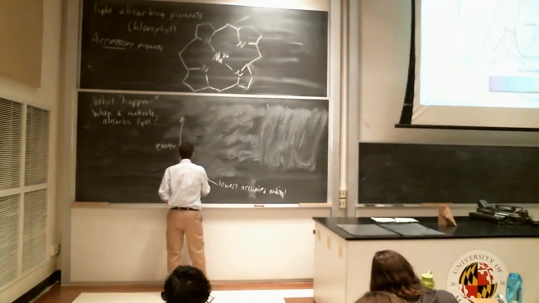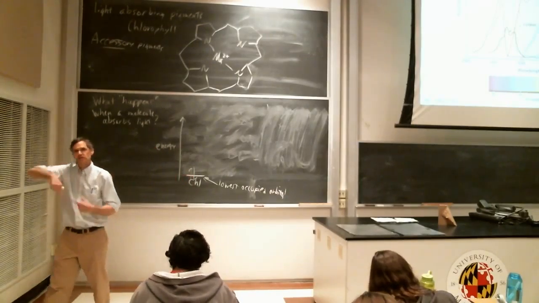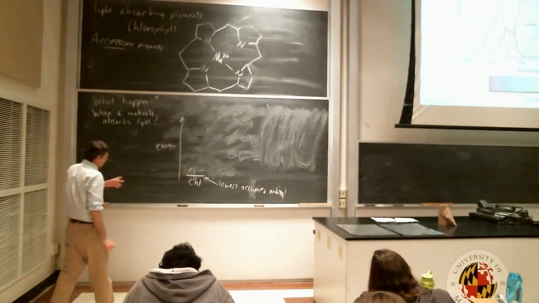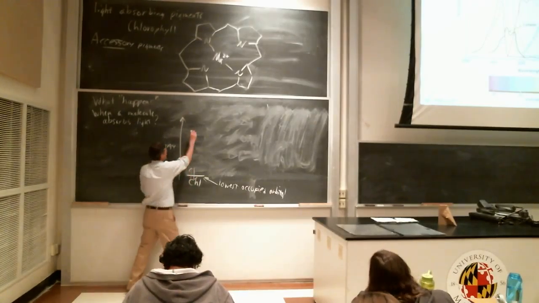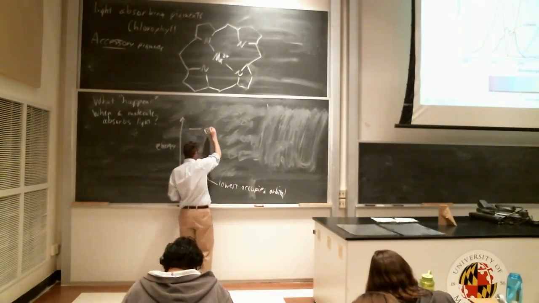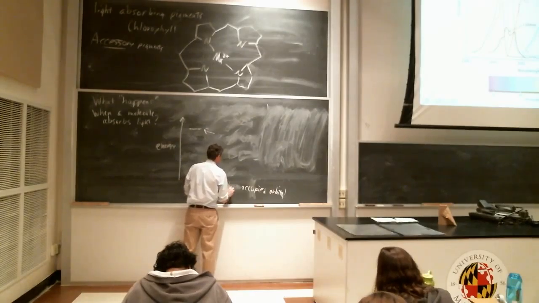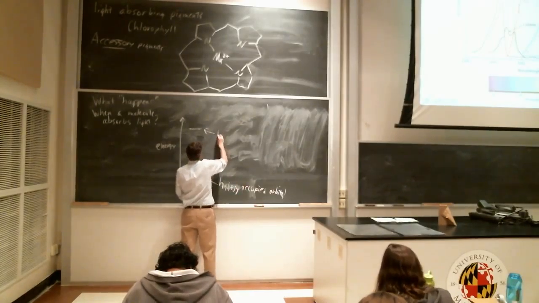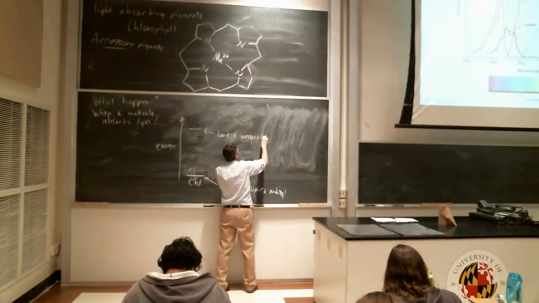And for simplicity, we'll just say that there's 2 electrons in this orbital. So remember, the arrows indicate electrons. And so this is to represent the molecule in the ground state before it absorbs light. And then this is the highest occupied orbital. This is going to be the lowest unoccupied orbital.